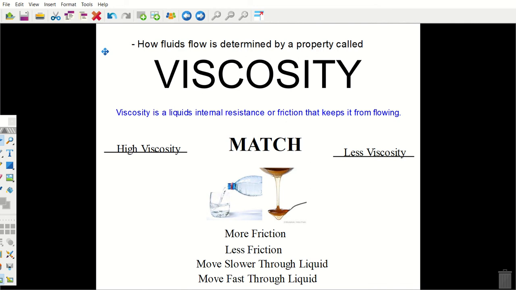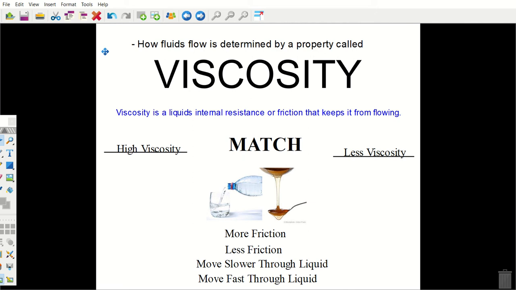Within liquids, for instance, something like water or maple syrup, there are particles, and depending on how those particles are organized, there is more or less friction. More particles are either rubbing up against each other or fewer are. In water, there's not a lot of internal friction, so things flow through water fairly smoothly.